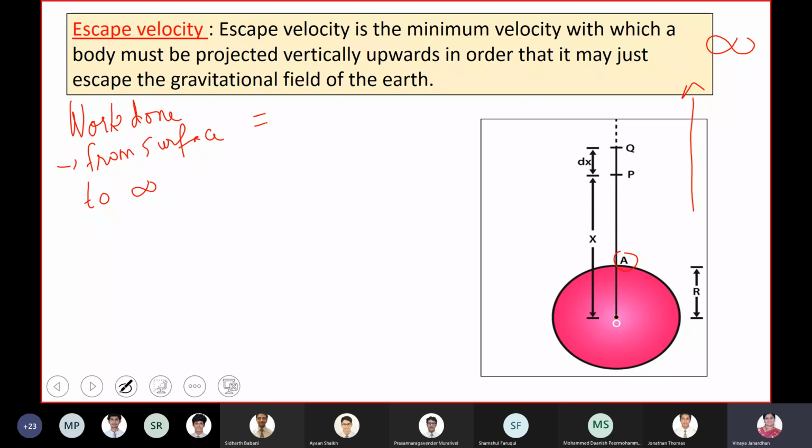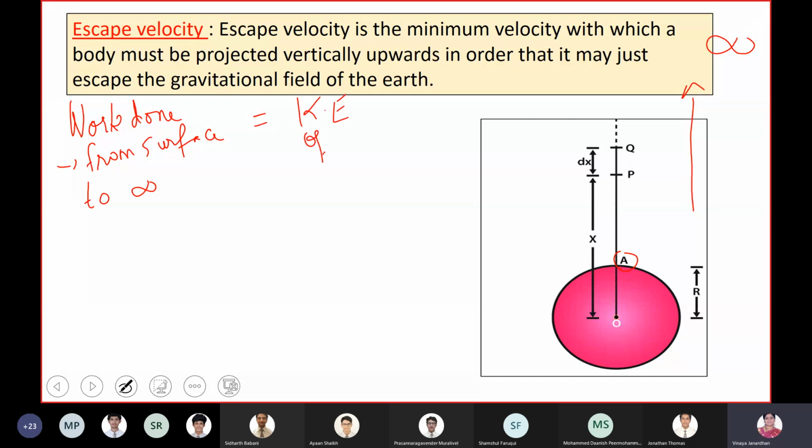Say initially the body was at rest. If you want to project the body higher up, generally we use a multi-stage rocket system, which means you're doing work in pushing the object from the surface to infinity. Whatever work you do will increase the kinetic energy of the body.